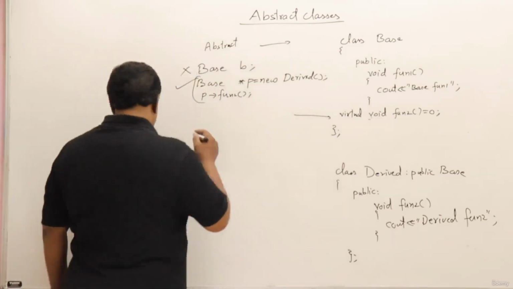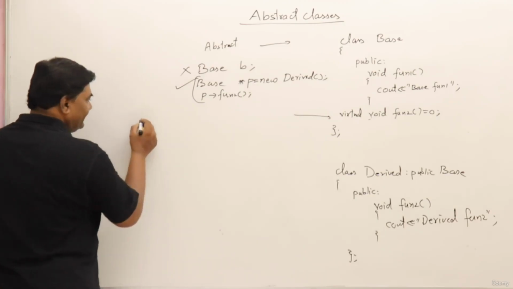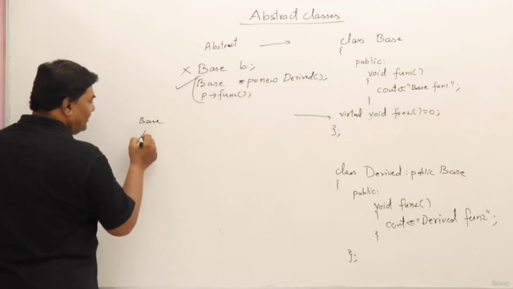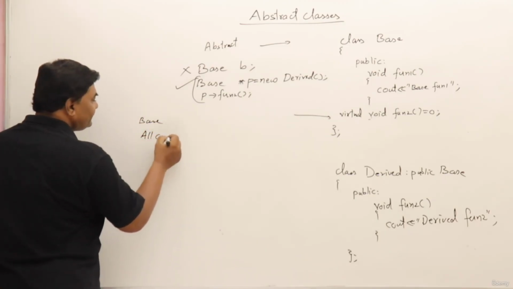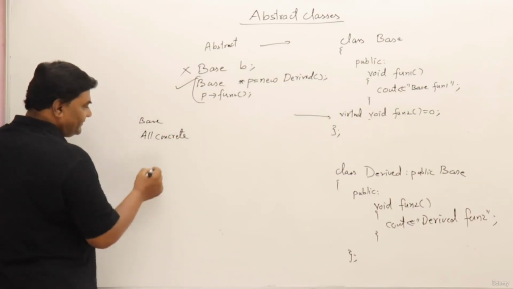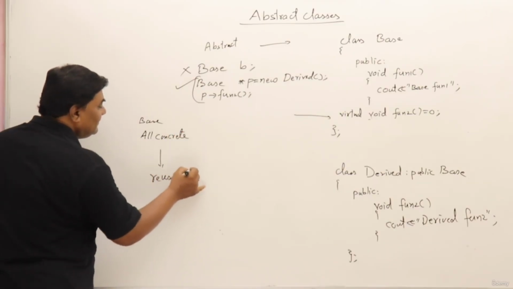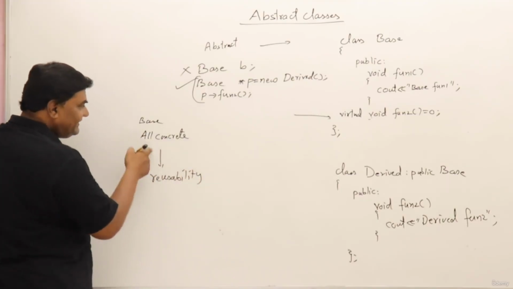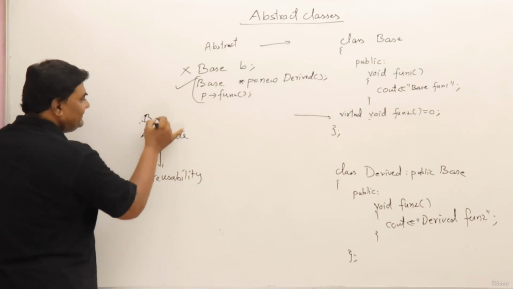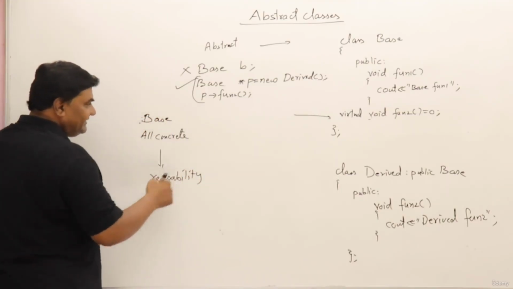Now based on this, there are three types of classes that you can write. Let us see. A base class with all concrete functions. What is the purpose of this? Reusability. So if any class is inheriting from such a base class, then the purpose is reusability.